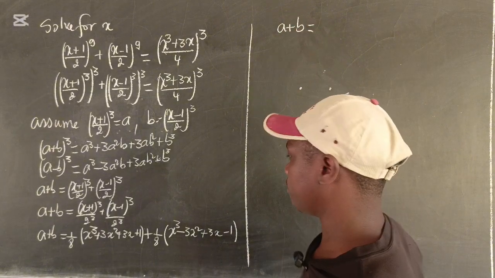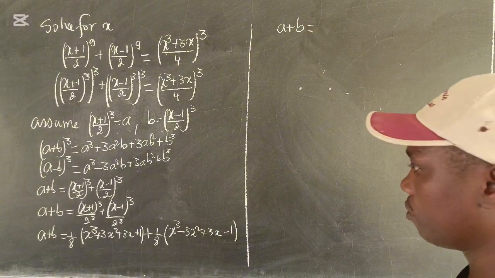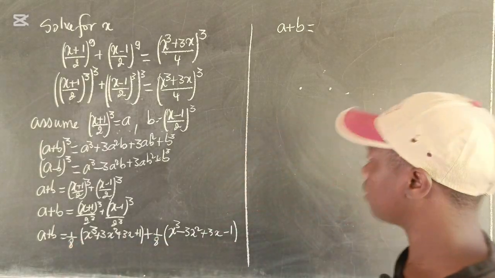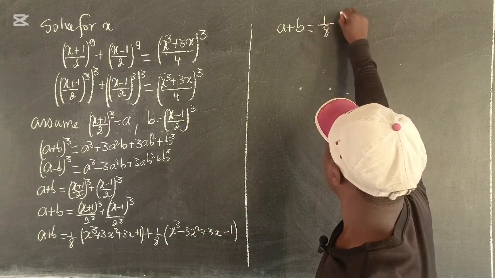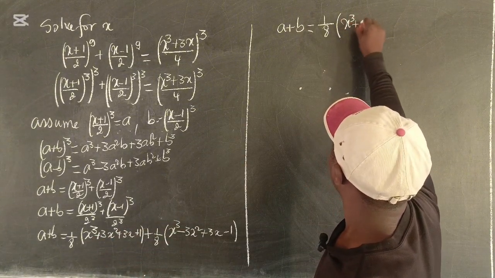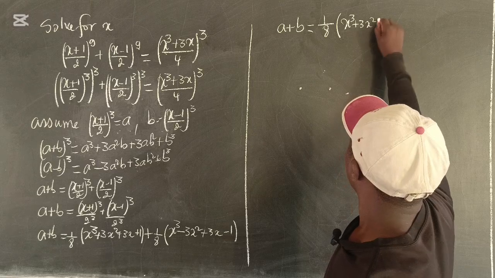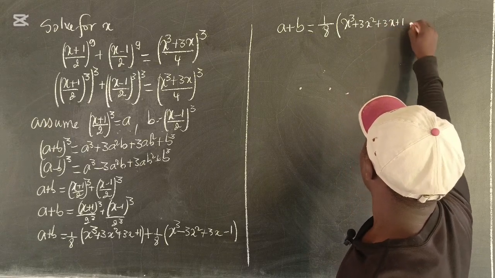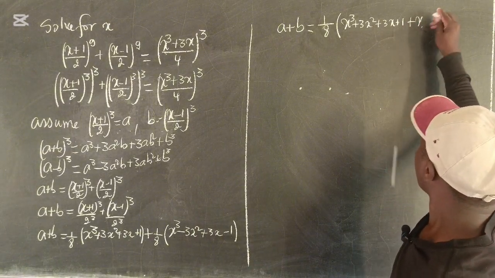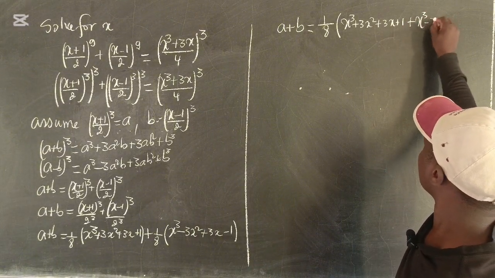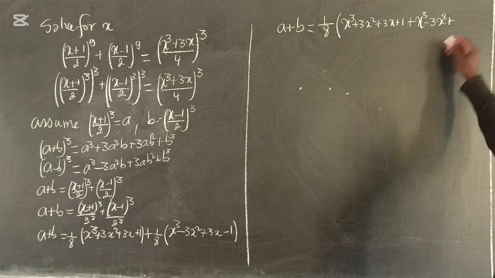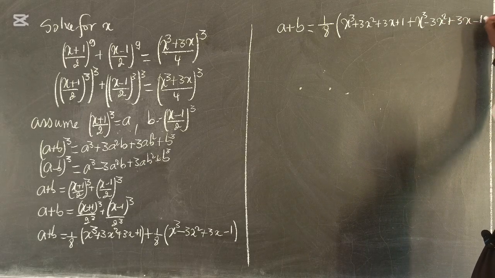a plus b here is equal to, because we have a factor of 1 over 8, let's factor out 1 over 8: we have x power 3 plus 3x squared plus 3x plus 1. Let's add this, plus x power 3 minus 3x squared plus 3x minus 1.